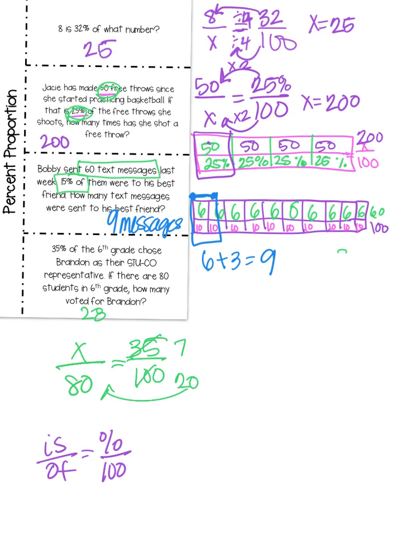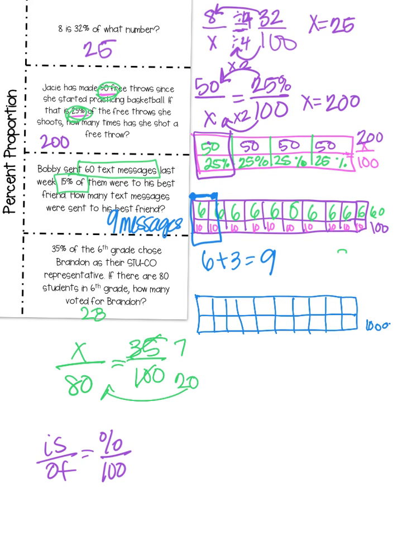Now let's do a percent bar. All of these numbers are easily divisible into 10. So let's just do 10s again. Okay, this has to add up to 100%.